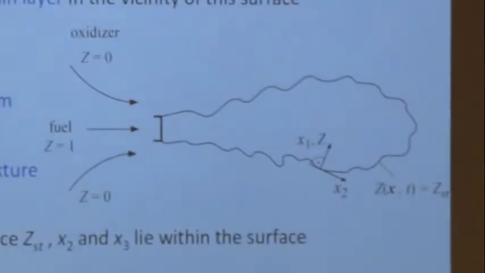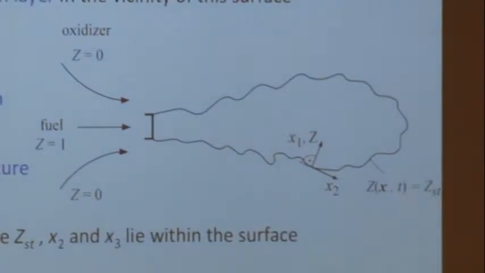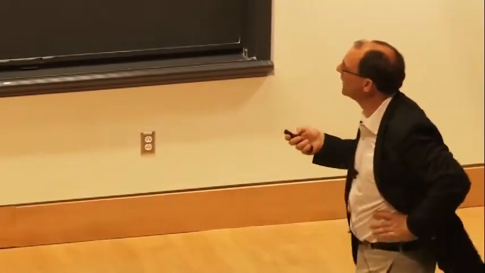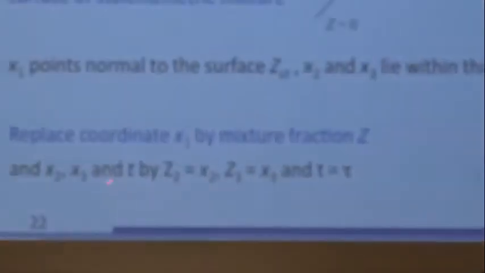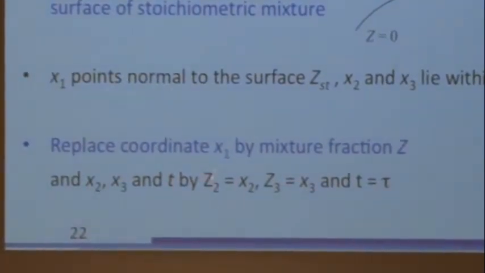So really what we do by this coordinate transformation is just a stretching. We stretch the x1 coordinate into the z coordinate so that it measures the flame in the right length scales. And then x2 and x3 stay the same, but for the sake of the coordinate transformation, we give them new names. x2 and x3 we now call z2 and z3, and the time we call tau.